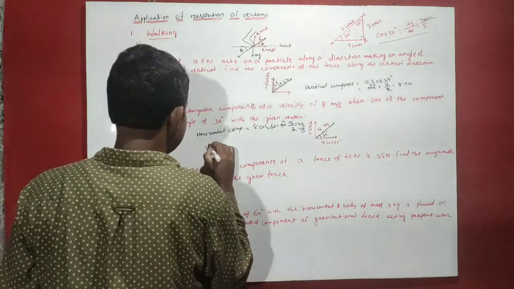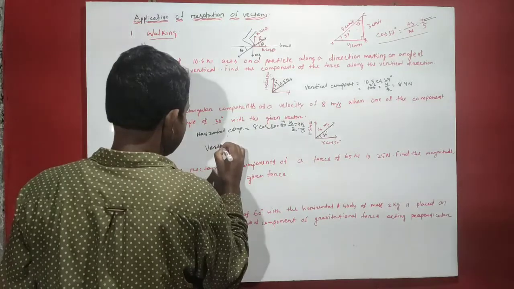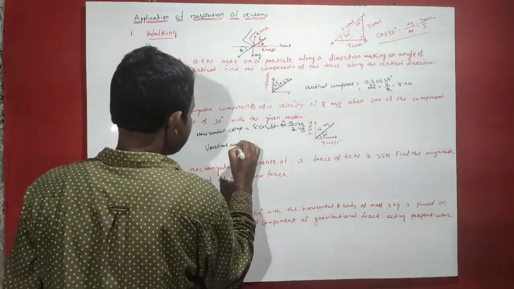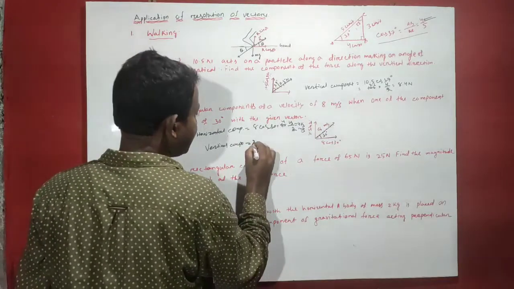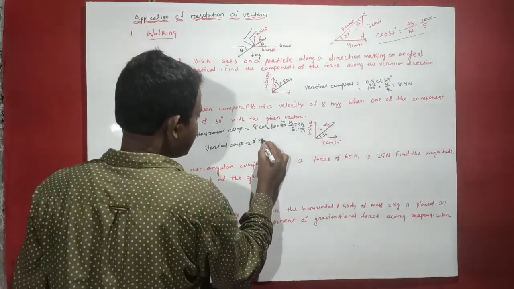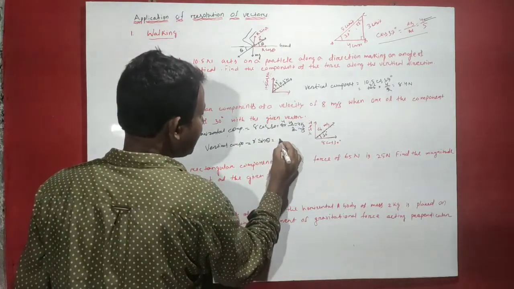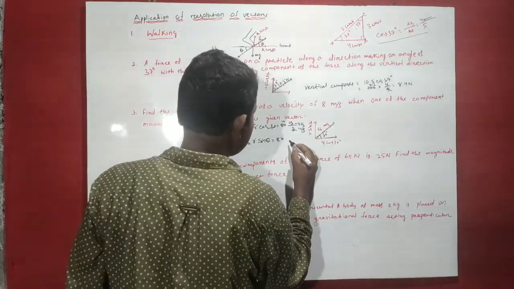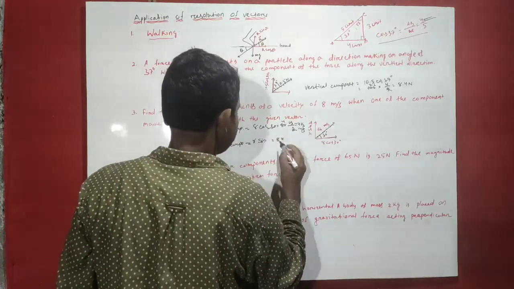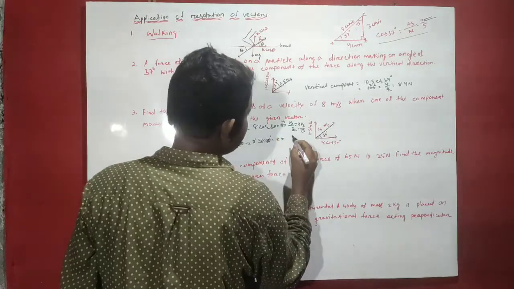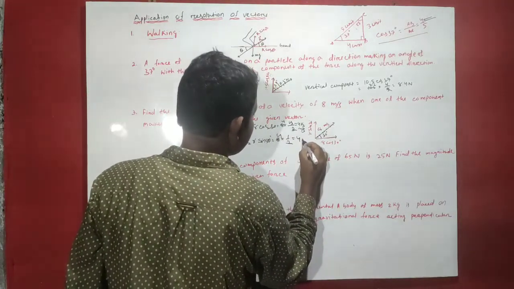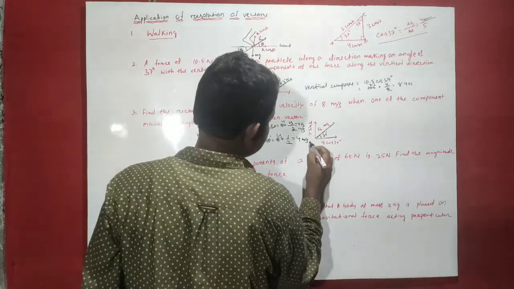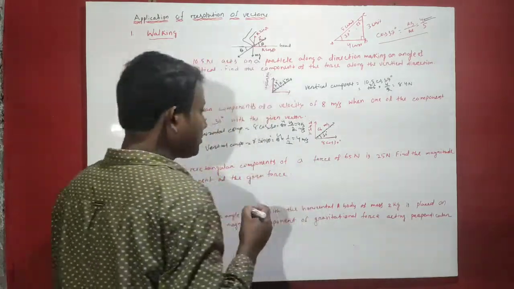And our vertical component is equal to 8 sin theta, 8 into sin 30. Sin 30 is equal to half, so 4 meter per second.